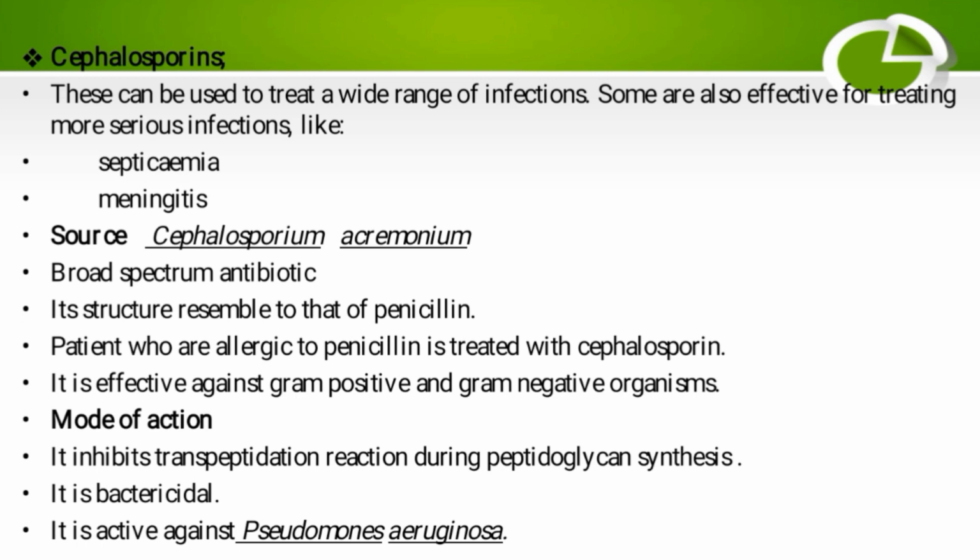Patients who are allergic to penicillin are treated with cephalosporin. It is effective against gram-positive and gram-negative organisms. Mode of action: it inhibits the transpeptidation reaction during peptidoglycan synthesis. It has bactericidal activity. It is active against Pseudomonas aeruginosa.